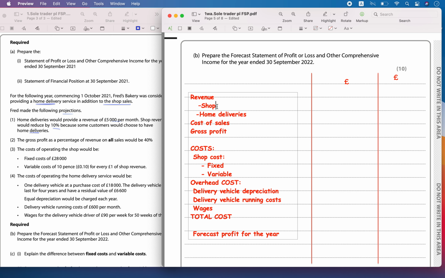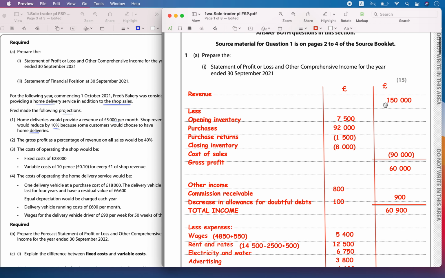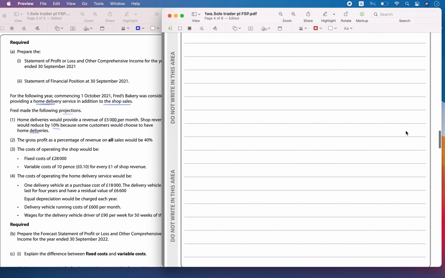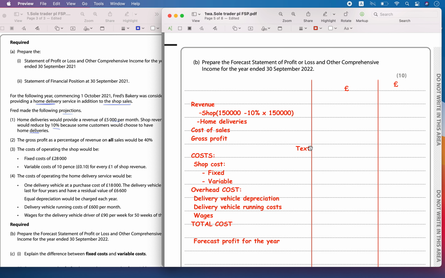So let's calculate here. My shop revenue is going to decrease by 10%. The shop revenue, as we had seen earlier, was around 150,000. So now let's calculate this shop revenue getting decreased: 150,000 minus 10 percent of 150,000 is going to be equal to 135,000.